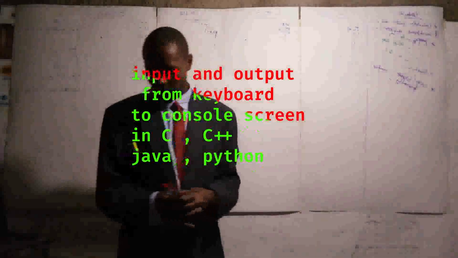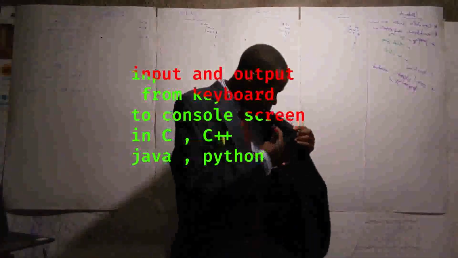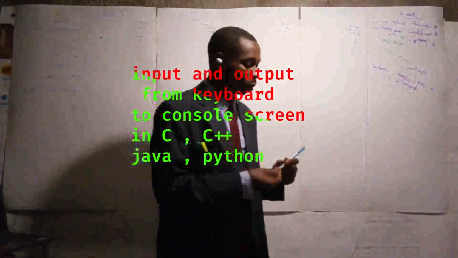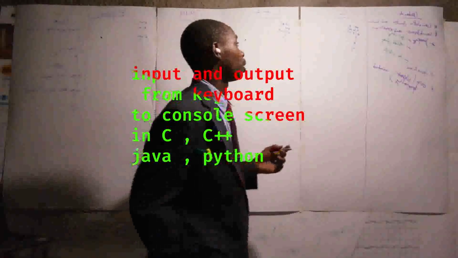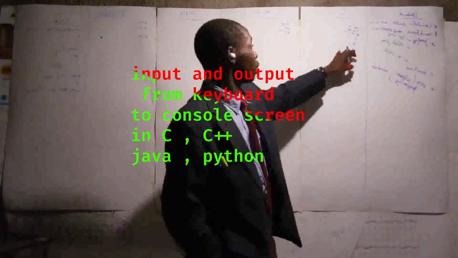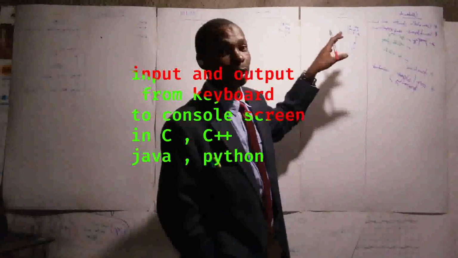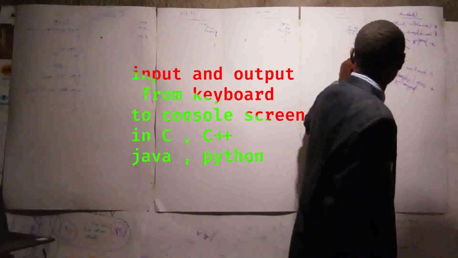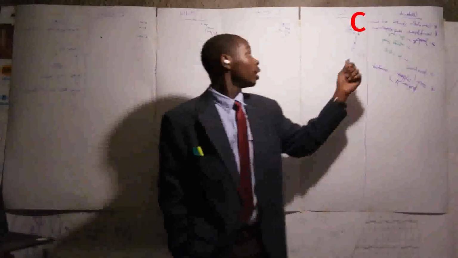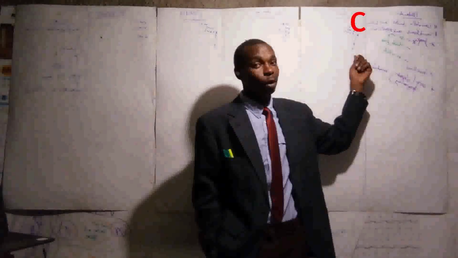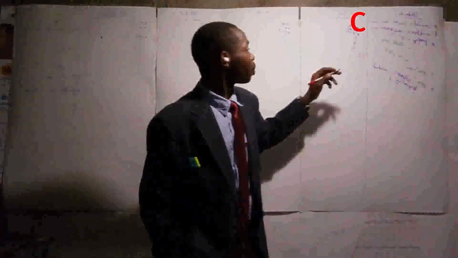To do input and output in both C and C++, in C we should first declare the library code containing the input and output. We should write the hashtag. In C, the hashtag is used when you are going to write the pre-processing code.